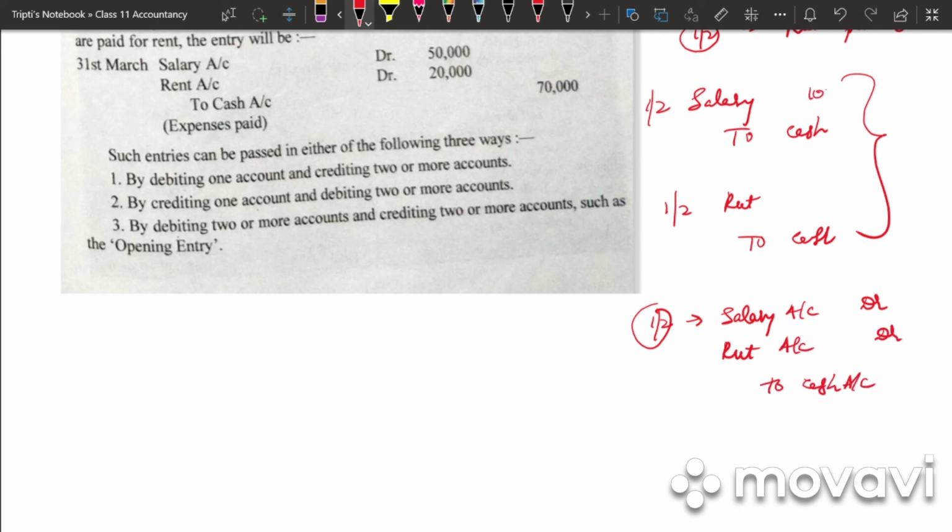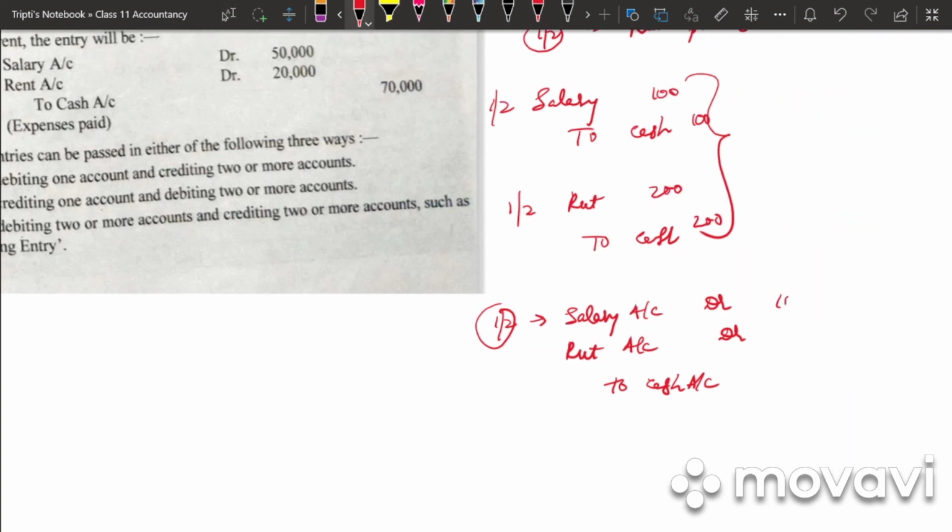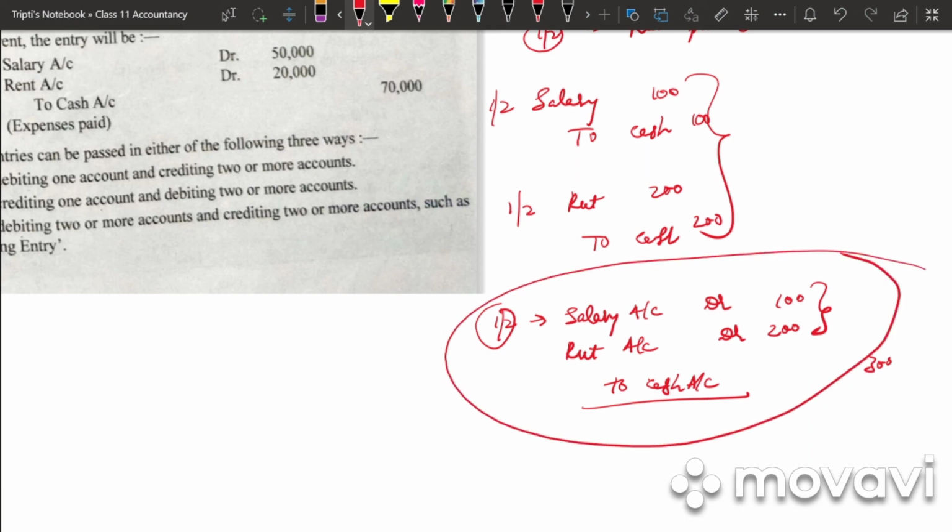Say for example salary is 100 and rent is 200. So salary का debit आप लिखोगे 100, rent का 200 and जो cash रहेगा that will be 100 plus 200, that is 300. So this is known as compound entry.